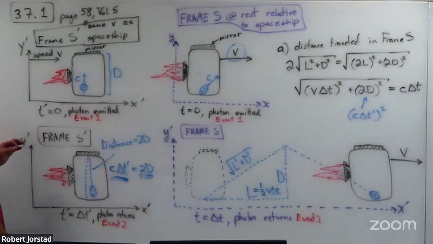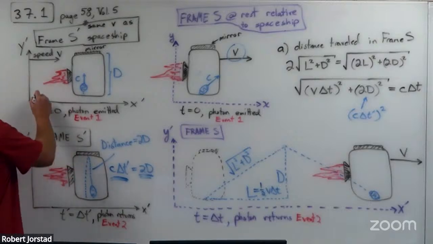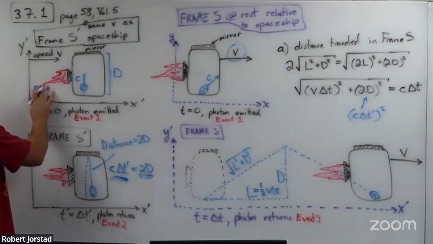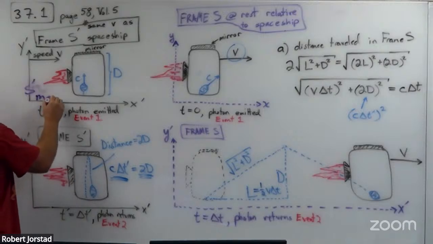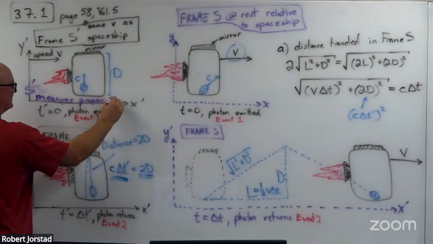Proper time, both measurements take place at the same point in space, the same position. So we'll just say S prime measures proper time.